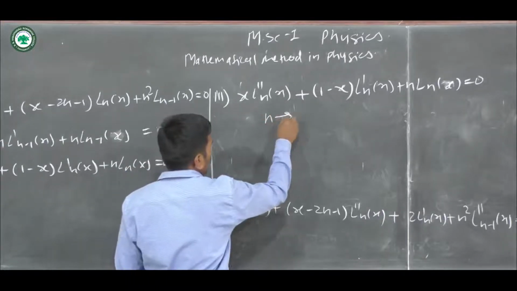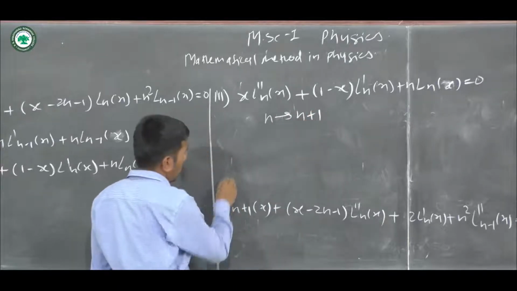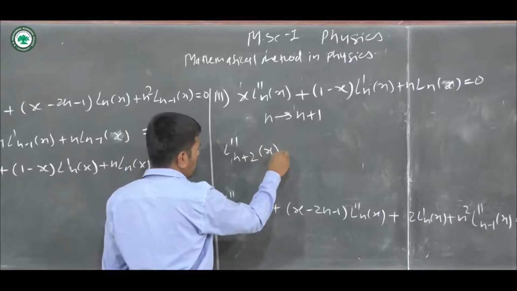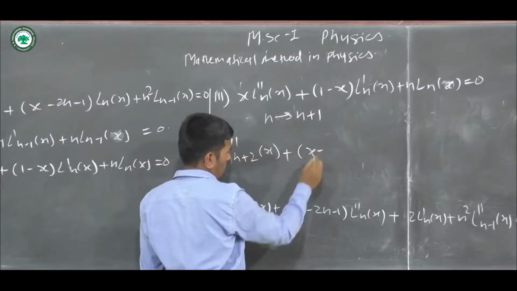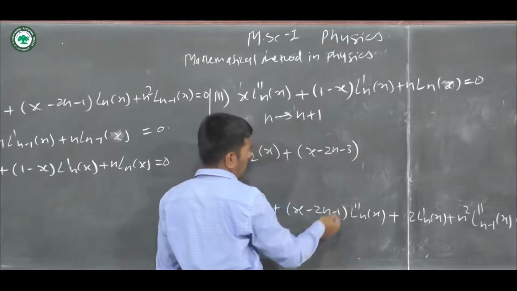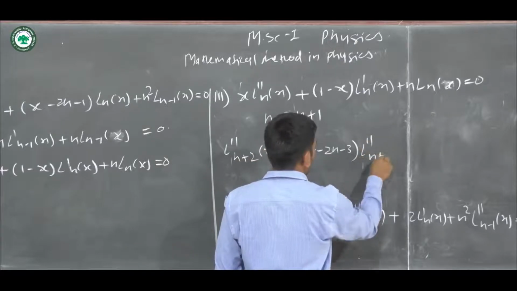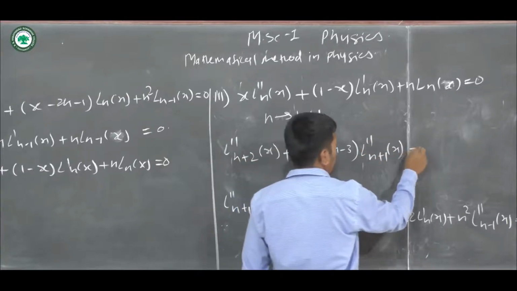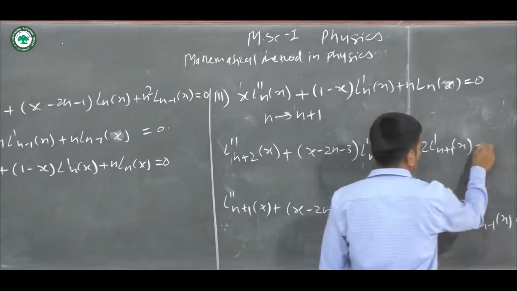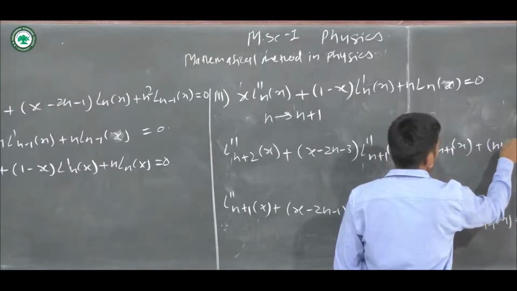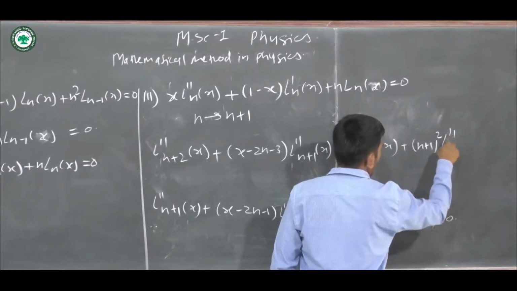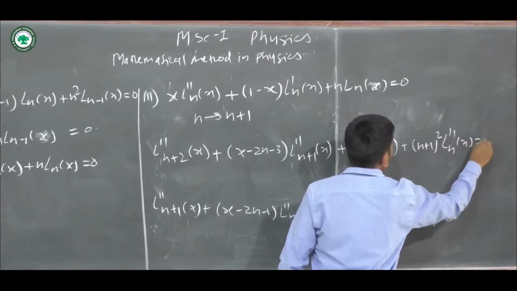So if I replace n with n plus 1, then this relation becomes L_{n+2}''(x) plus (x minus 2n minus 3) L_{n+1}''(x) plus 2 L_{n+1}'(x), and plus (n plus 1) square L_n''(x) is equal to 0.